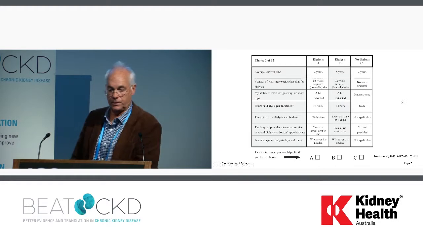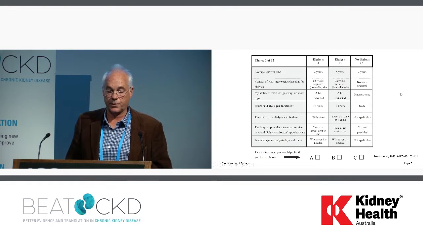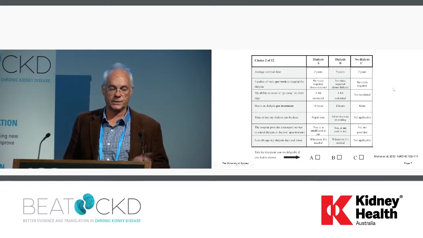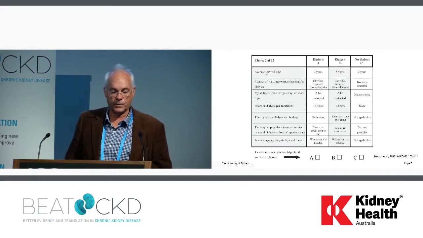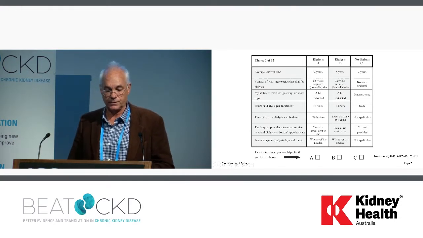So I'll just give you an example. This one here is an example of looking at preferences around dialysis treatment at home or in centre. What they've done is describe certain features of the dialysis, from survival time, number of visits per week to hospital, ability to travel or go away on short trips, hours per treatment, time of day that it can be done, aspects related to transport, and whether you can change dialysis days and so on.